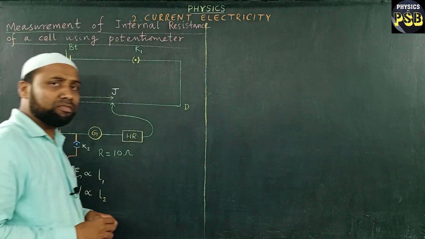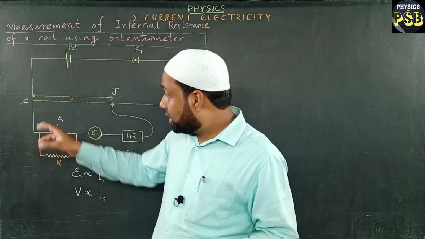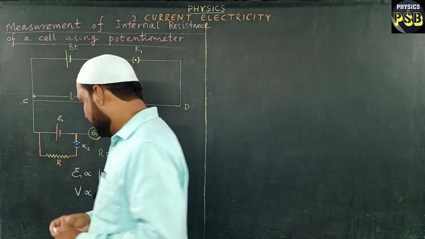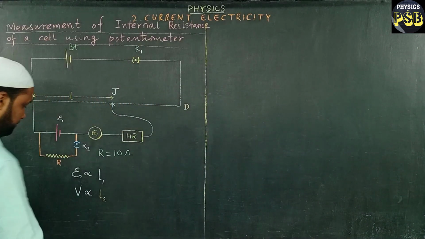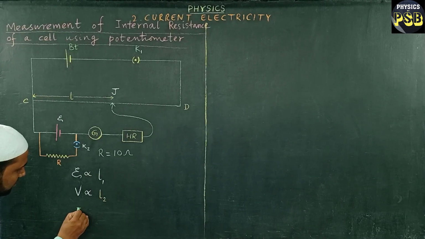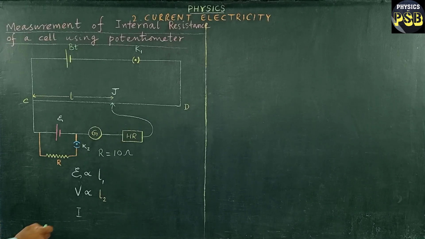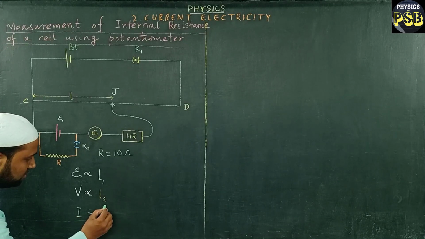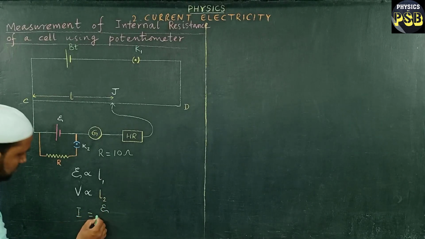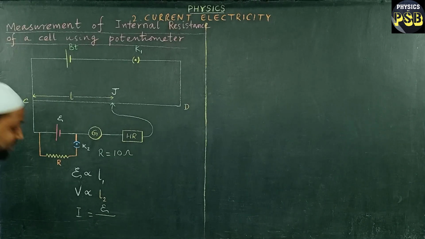Now, the current flowing through the potentiometer wire is taken as I, and it is equal to the ratio of the EMF and the total resistance.